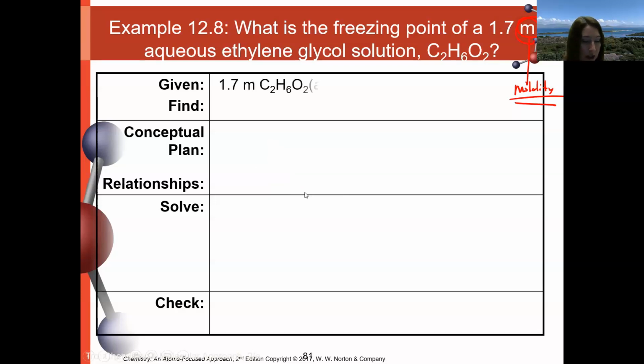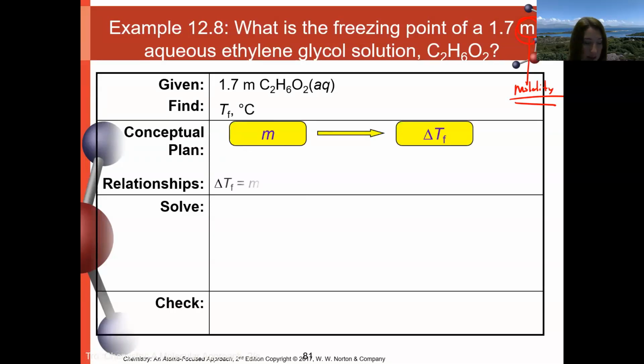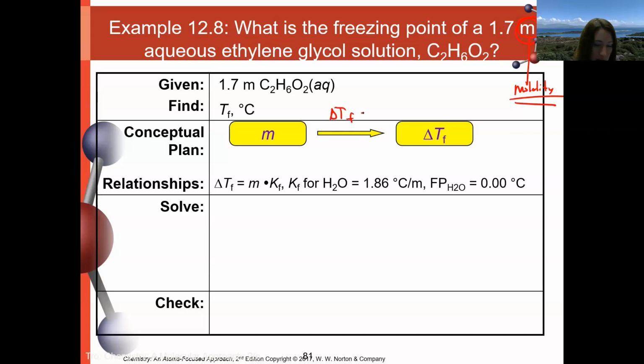Okay, so we're given a 1.7 molal solution. They're asking for freezing point, so I need to figure out the new freezing point. In this case, my equation is delta TF equals i m KF, and it doesn't matter which way. Now i is the number of things. But look, this is a molecular compound.